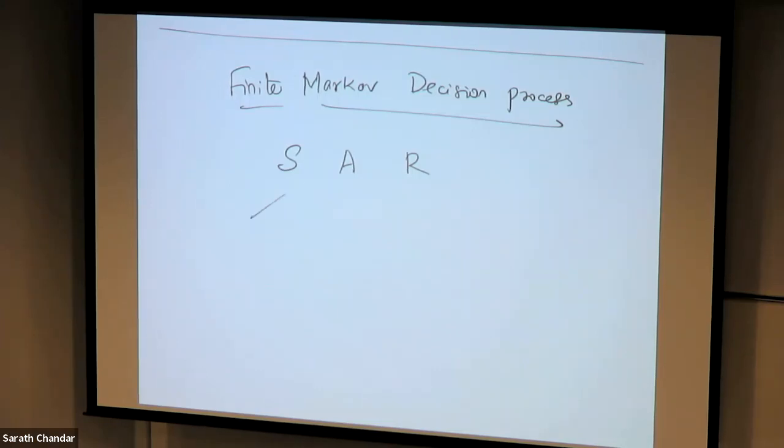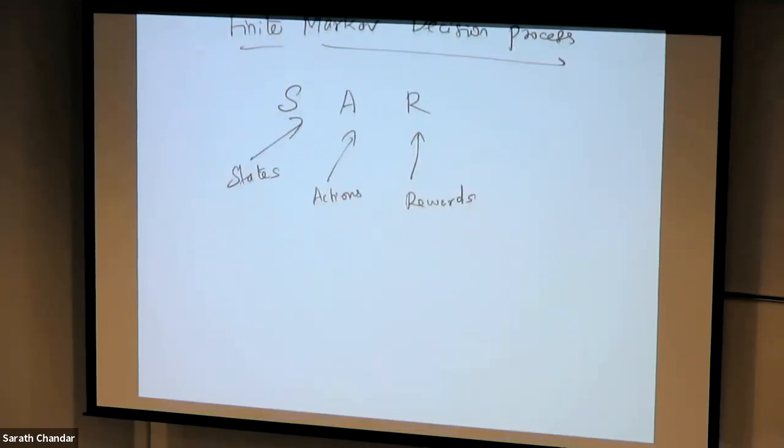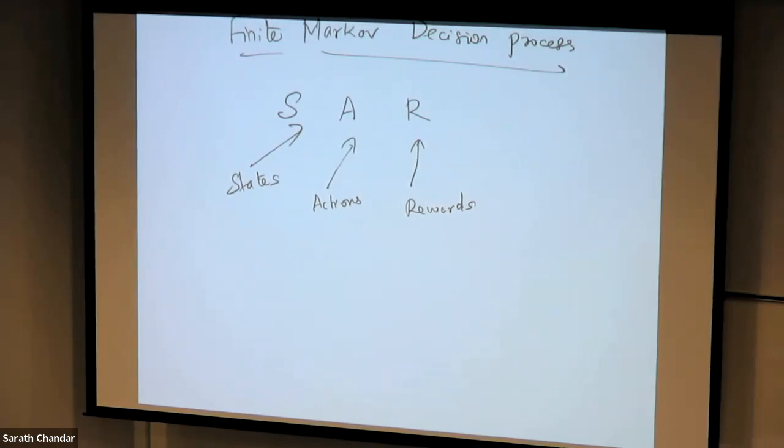So we have a finite set of states, a finite set of actions, and a finite set of rewards. Once you have a finite set of states and actions, you can construct the dynamics of how the world behaves by using the dynamics function p.